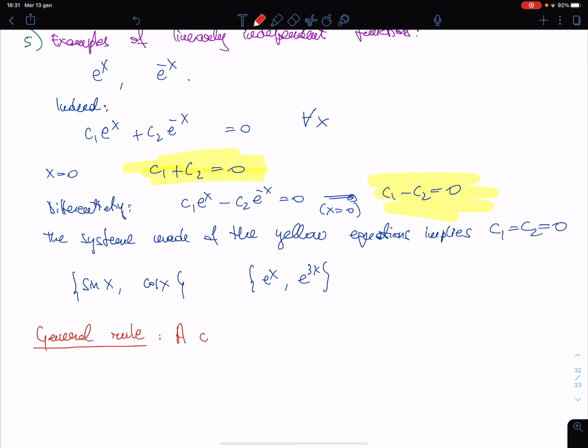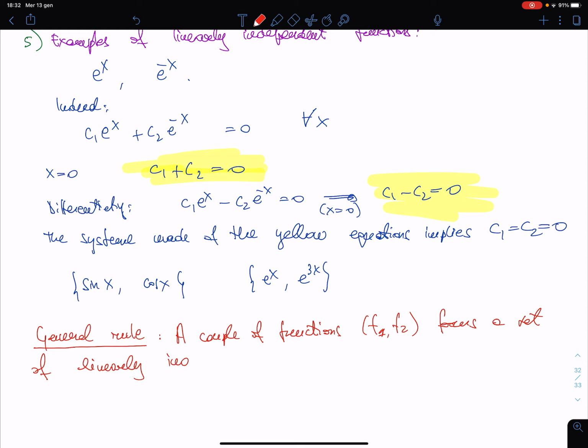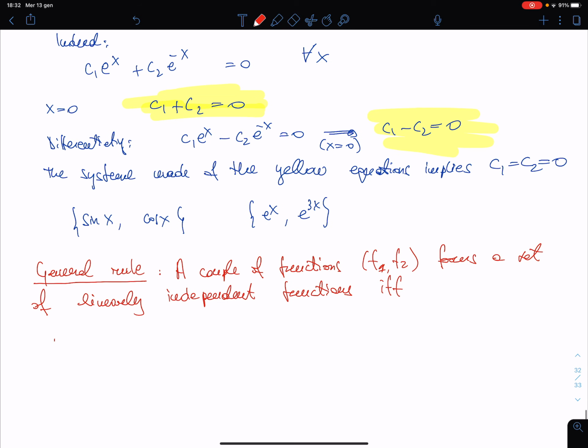A couple of functions f1, f2 forms a set of linearly independent functions if and only if, first, neither f1 nor f2 are identically zero, so they are not trivial.